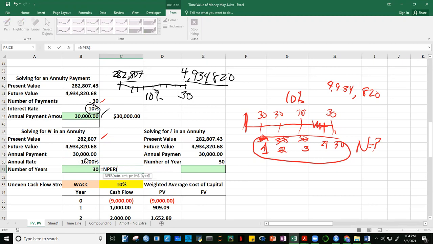Rate is 10%, PMT is 30,000, let's use PV. If PMT, guys, is 30,000, what should be the direction of PV? Answer? Si annual payment natin positive. Ano si present value?